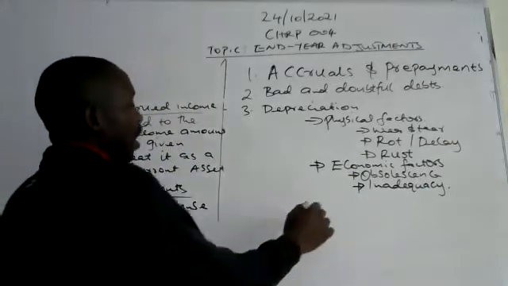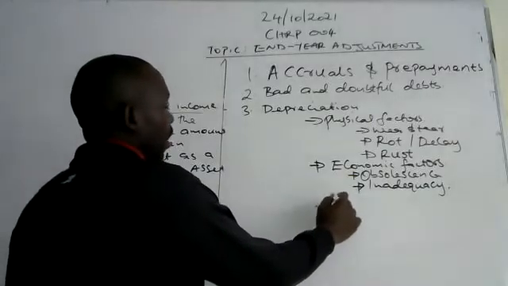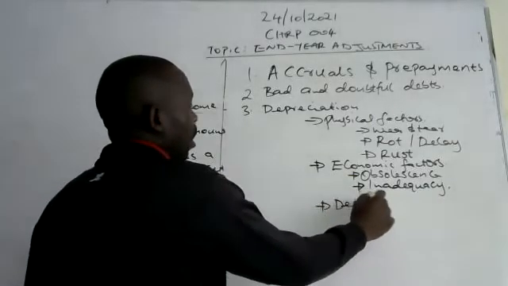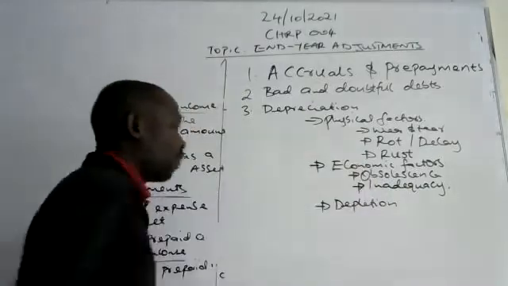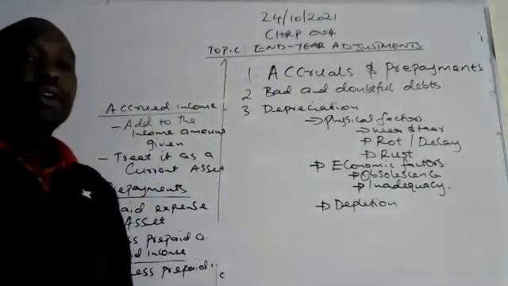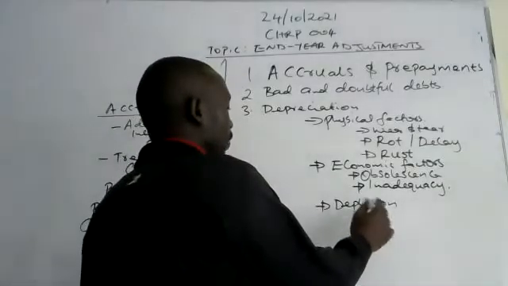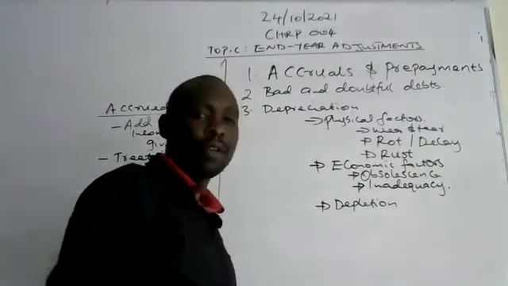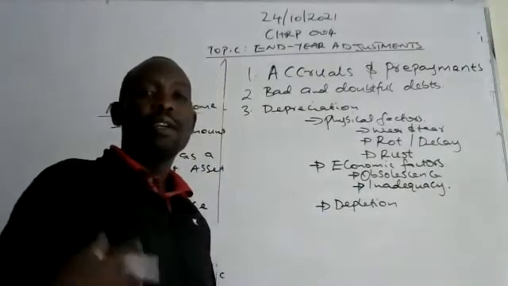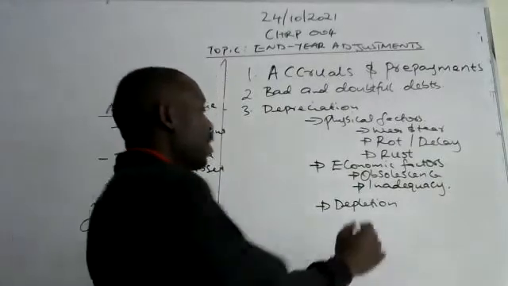Then we have other factors like depletion. Depreciation of this kind normally occurs on assets which get exhausted. As we use them, they get depleted, like minerals.